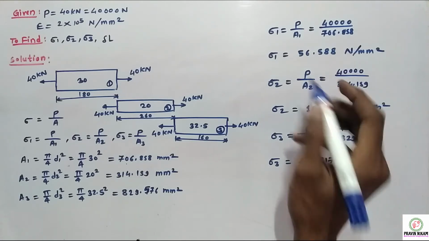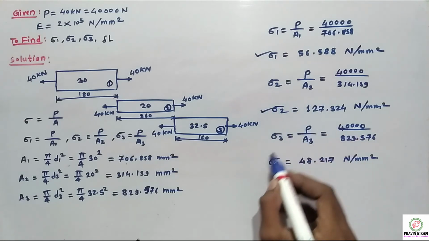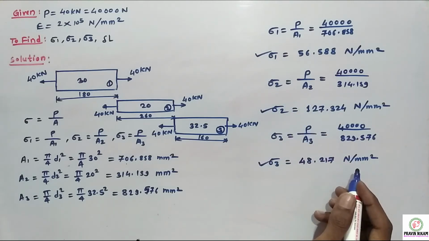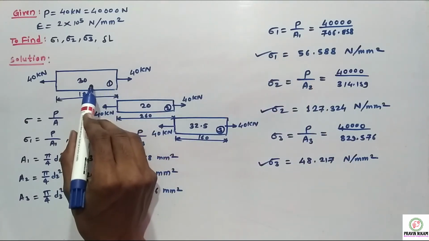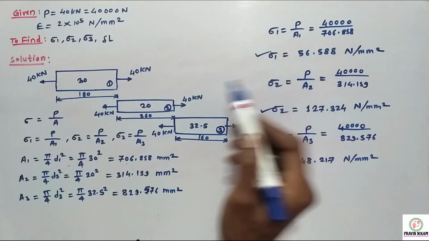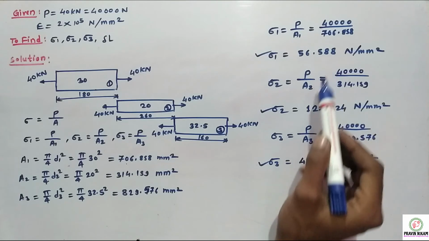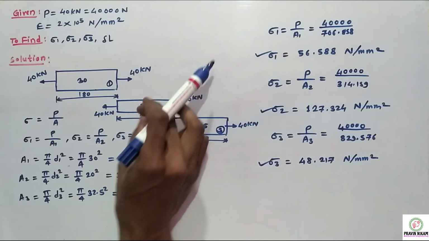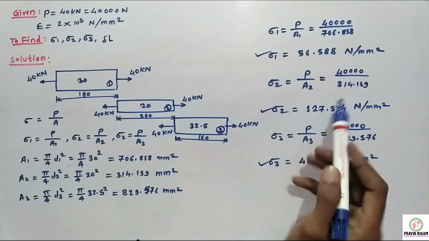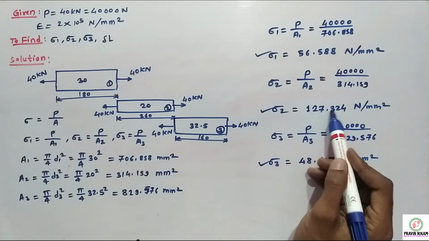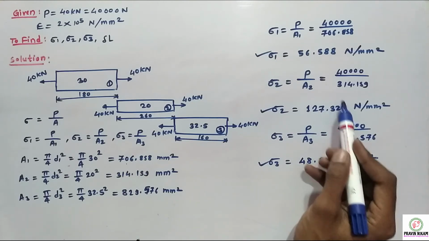So these three are the stresses in every section. So sigma 1 is stress in this section, you can say it is 56.58. Then sigma 2 is stress in this section having diameter 20 mm and it is 127.324.